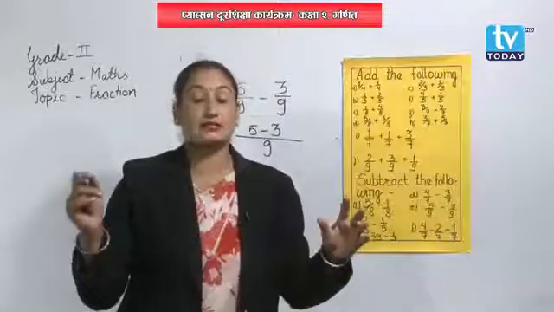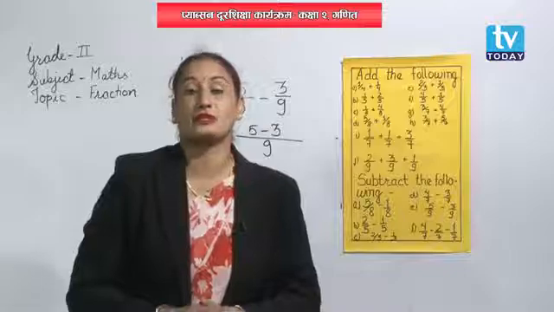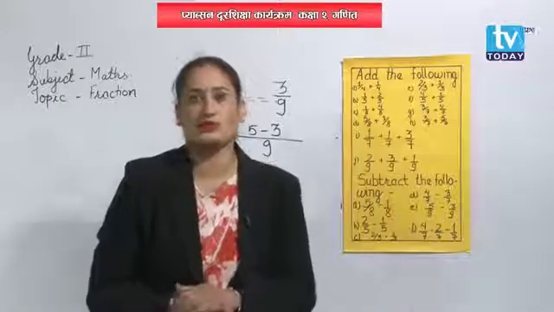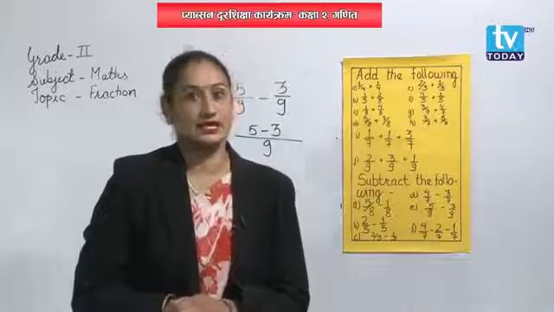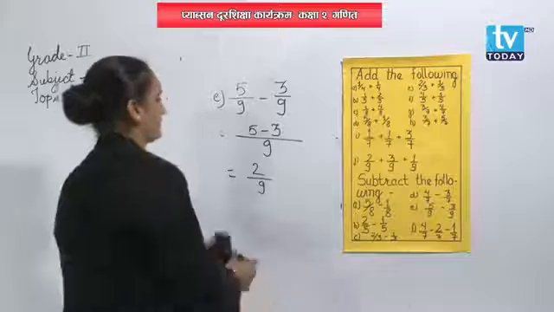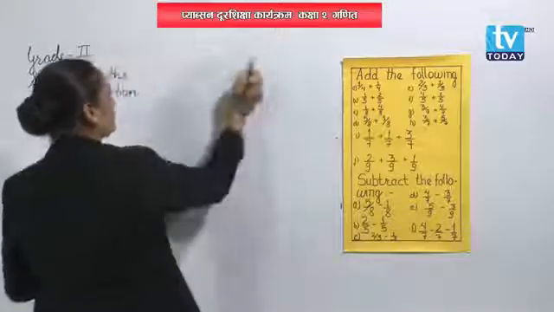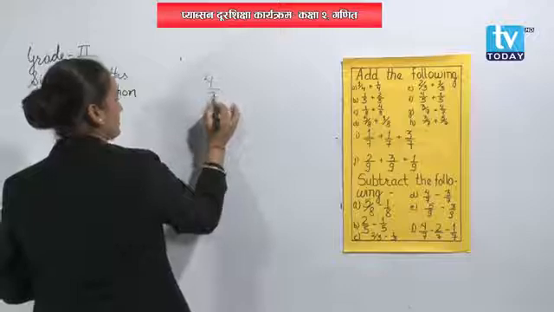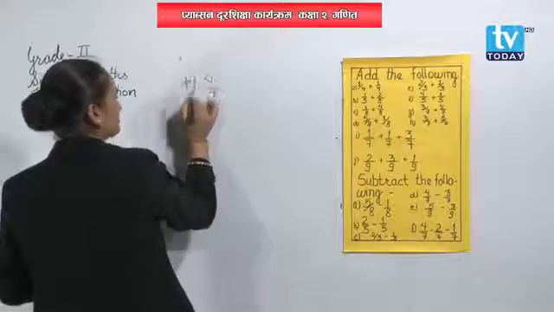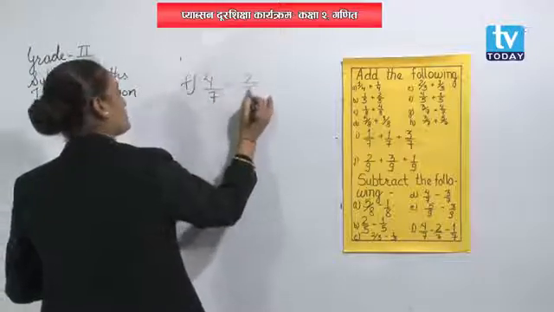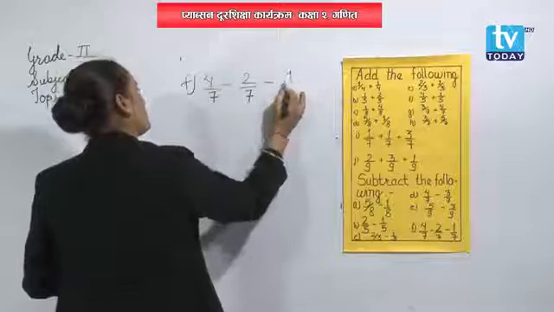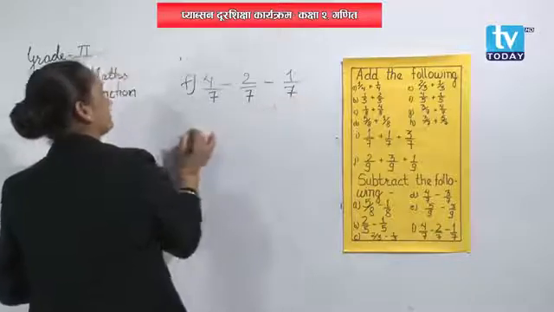Okay. Now, if 3 fractions are there for subtraction, then how to subtract? Let's have a look. Over here, 4 by 7 minus 2 by 7 minus 1 by 7 is there.